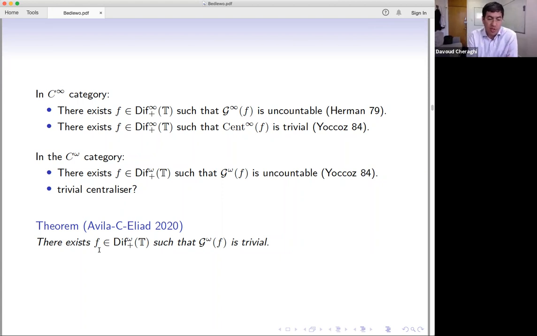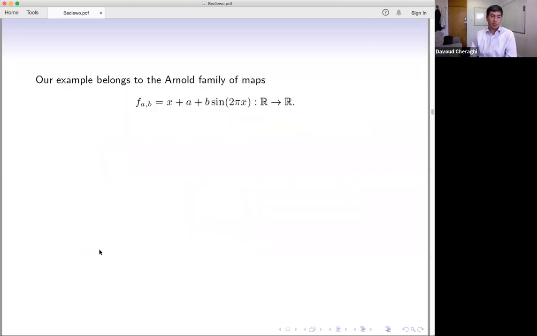We come up with a way of building these examples in a very explicit form that satisfies this property. More precisely, our examples come from the standard family. This happens in mathematics: when you're looking for a counterexample, the one that you see around you almost all of the time is the answer.